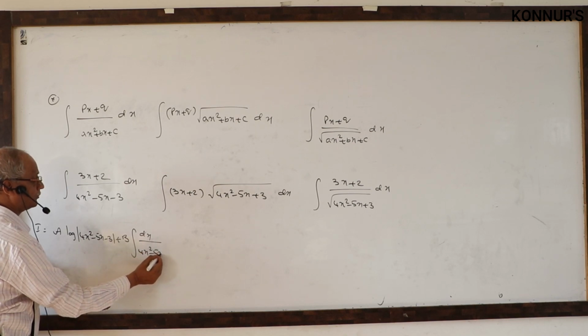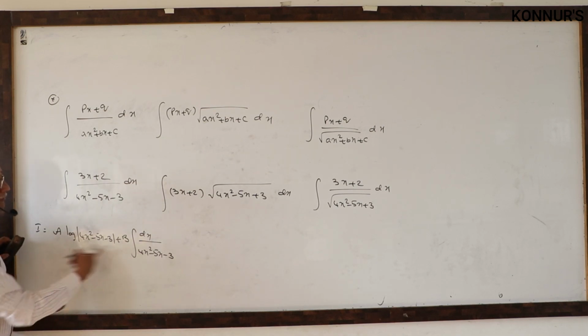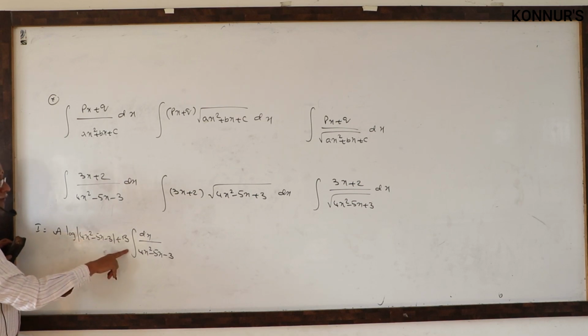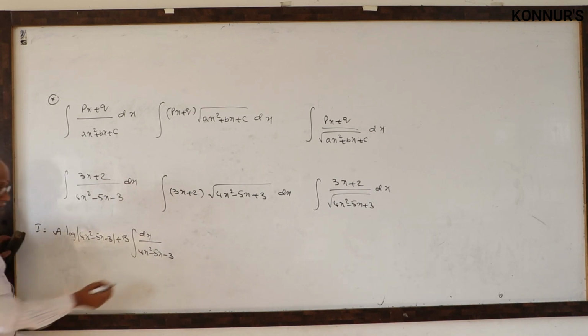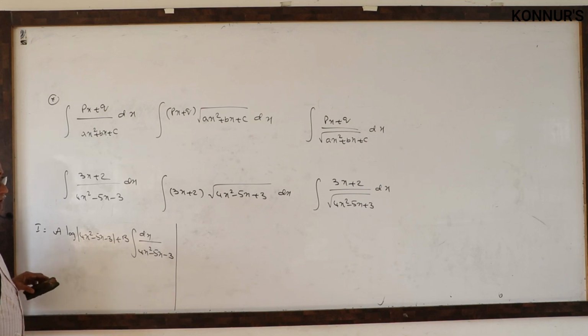It is not easy to finish the solution, it is a very big solution. So they will not ask you the final answer. They will write like this, either A or B or both. They will ask A, B values. Next, this variety: linear by root quadratic.